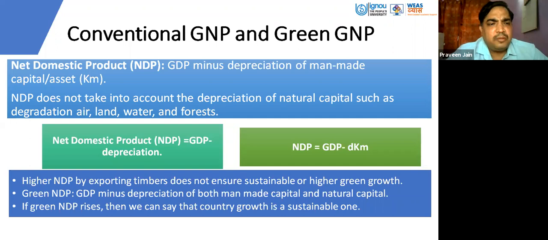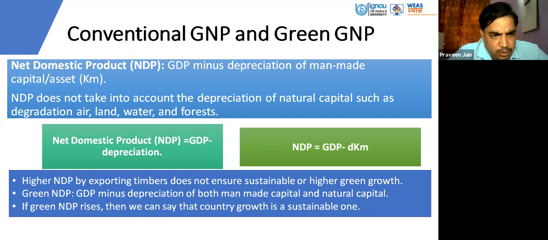Another similar term is net domestic product. So when we subtract the depreciation of the man-made capital from the GDP, then we get the net domestic product. So net domestic product equals GDP minus depreciation of man-made capital or assets.